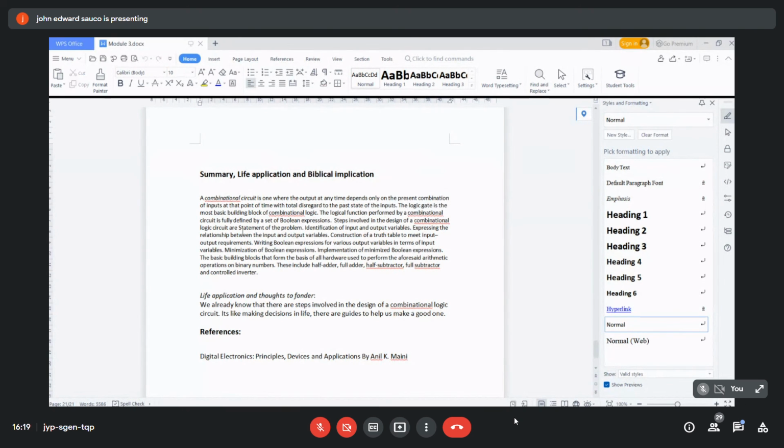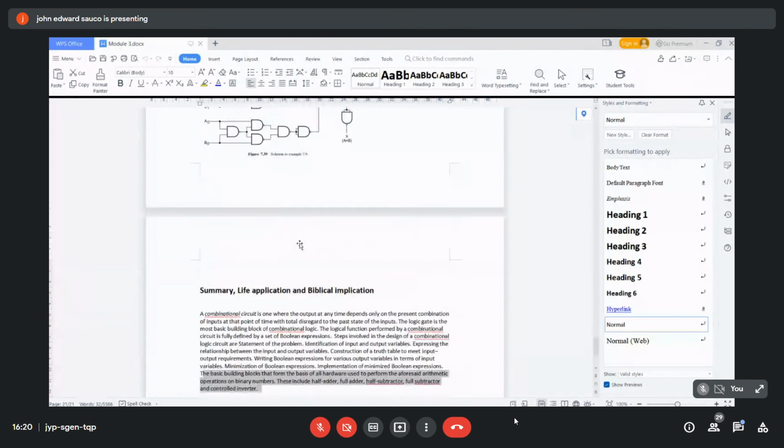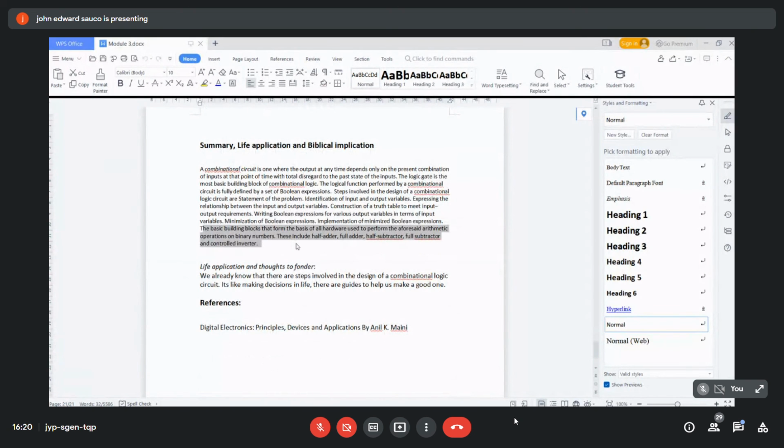Then, ito yung mga steps para mag-design: statement of the problem, identification of the input-output, write the Boolean expression, minimization, implementation of minimized Boolean expression, and yung basic building blocks that form the basis of all hardware used to perform arithmetic operation of binary numbers: half adder, full adder, half or control inverter, and then ito nga ating multiplier and magnitude comparator.